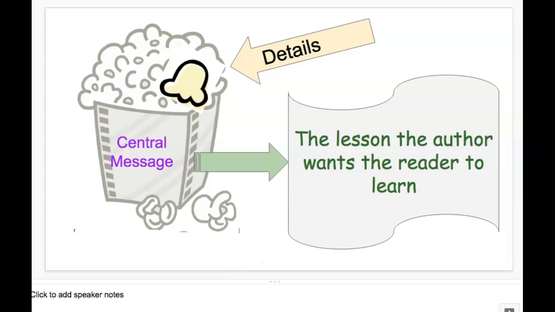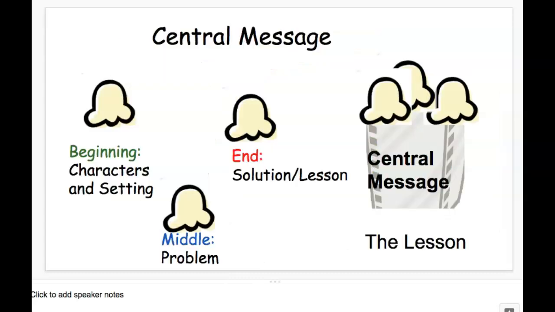the pieces of popcorn. We collect them to find our central message, the lesson the author wants the reader to learn. We find our central message through collecting the pieces of popcorn. The beginning, we find the characters and setting. The middle, the problem.